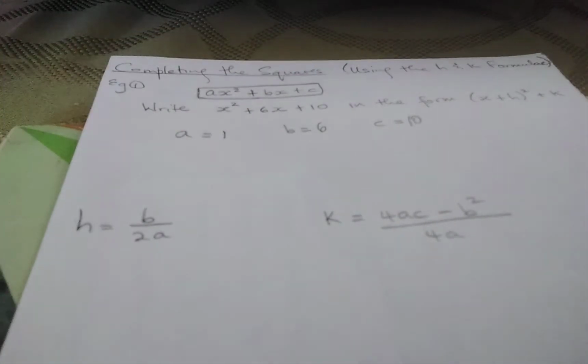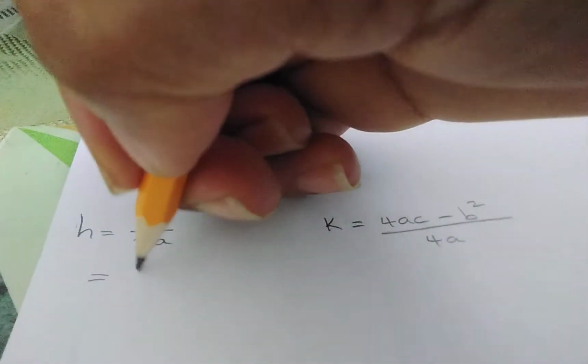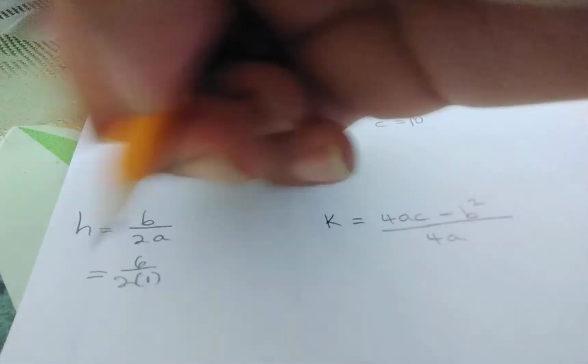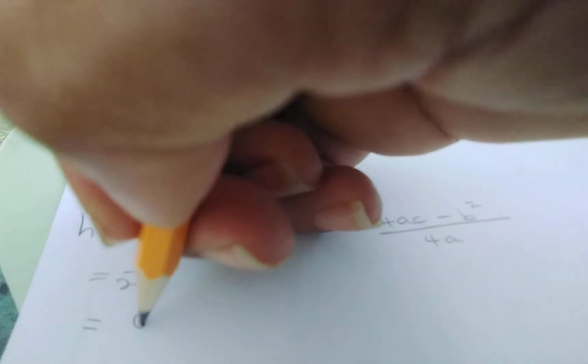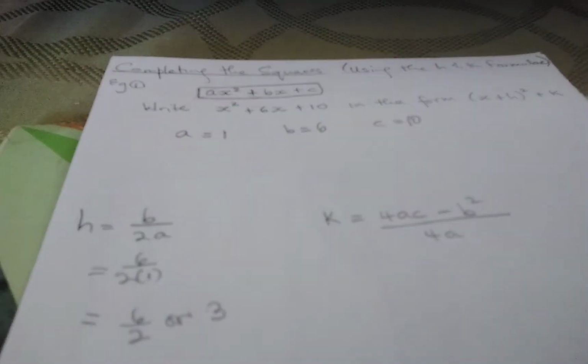So for h, we're going to put the b value. b value is 6 over 2 times 1. 6 over 2 is 3. Okay.